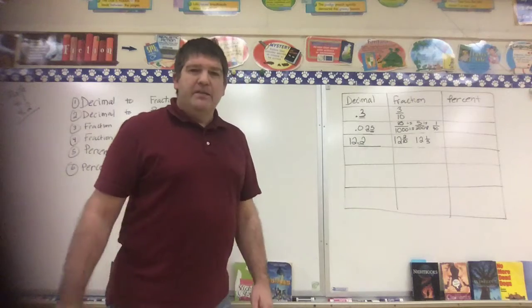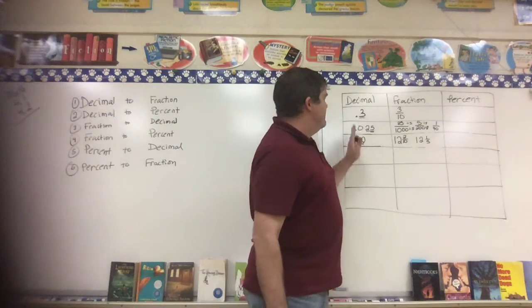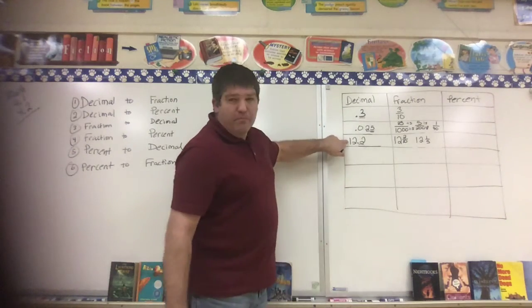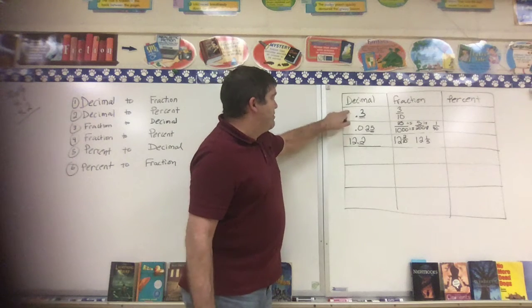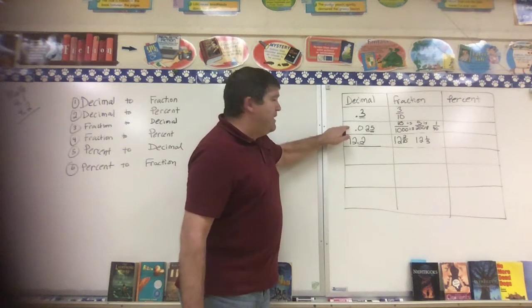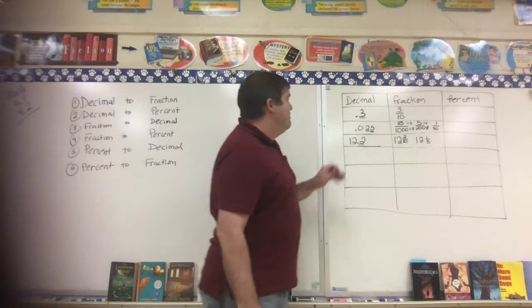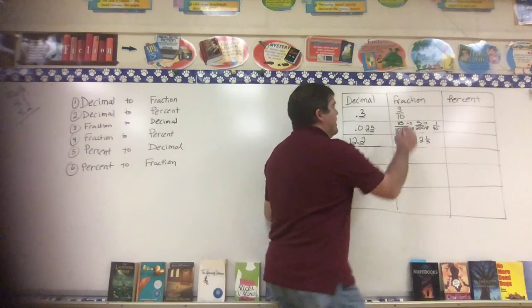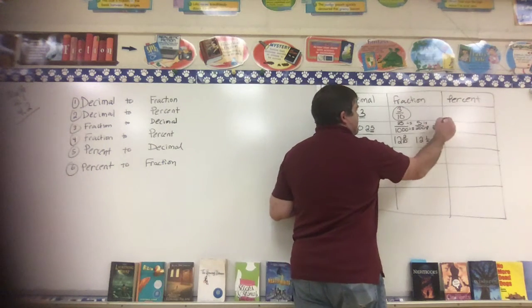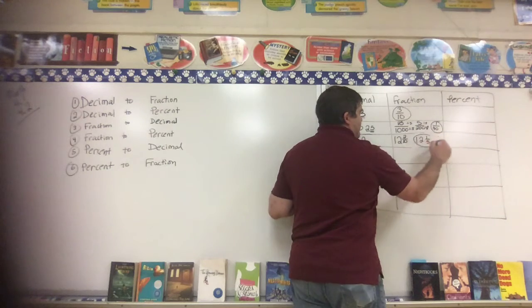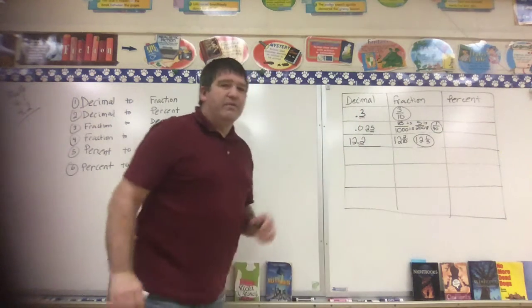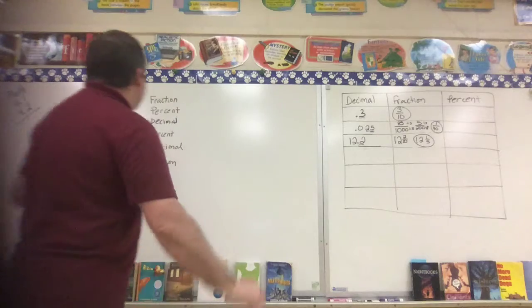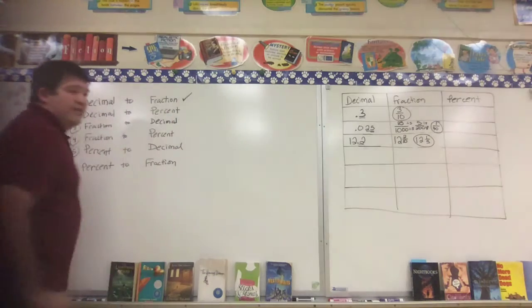Okay? So I've taken all of these decimals. Some are more than a whole, and these two are less than a whole, and this one's really small. And I took them all and I put them into a fraction: 3/10, 1/40, 12 and 1/5. Okay? Now, so that's decimal to a fraction.